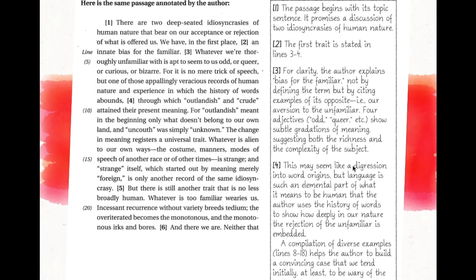So this might seem like a digression into word origins, like word etymology, but language is such an elemental part of what it means to be human that the author's using the history of words really to show how deeply in our nature the rejection of the unfamiliar is embedded. It's a combination of diverse examples, which helps the author to build a convincing case that we tend, initially at least, to be wary of things that are new.